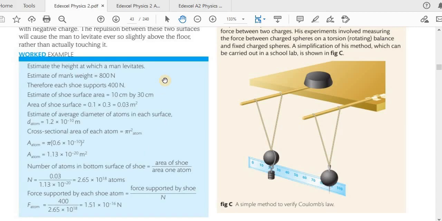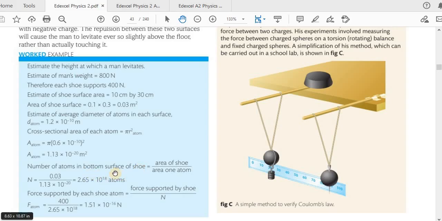So that circle area is pi r squared. Then we have this, the area of the atom. Now they gave us the diameter, so diameter divided by 2 is the radius, so this divided by 2 you get that. And then you have the cross-sectional area of the atom, not the surface area, the cross-sectional area.